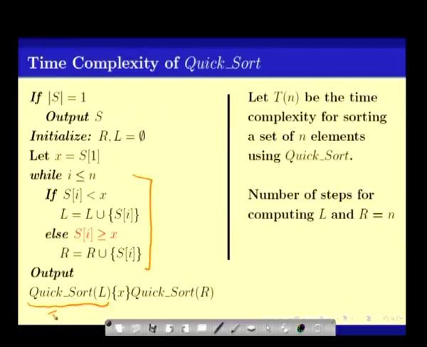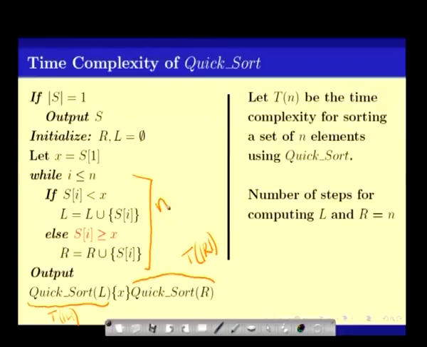This will take T of size of L, because size of L is the number of elements in set L, and T n is the time complexity for sorting this set S. And how much will quick sort R take? Similarly, this quick sort R will take T of size of R steps.